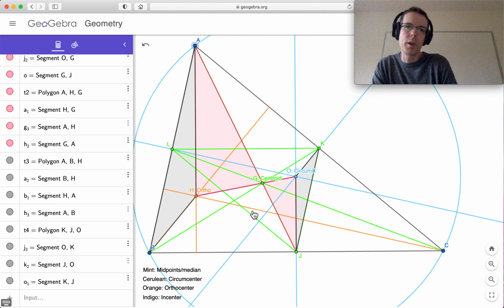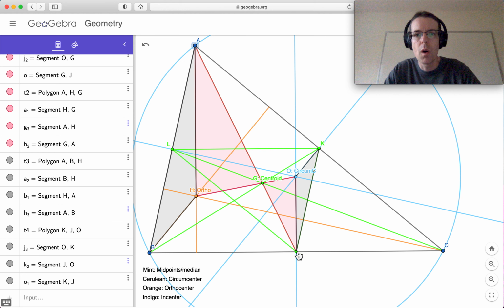Do we also know the ratio of the sides? We know then that AB over JK is equal to BH over KO, which is equal to AH over JO. But do we know that common ratio that all of those pairs of sides exhibit? Yes, we do. When we analyzed the medial triangle, we realized that this length JK, the length along the medial triangle, is exactly half of the corresponding length on the original triangle.